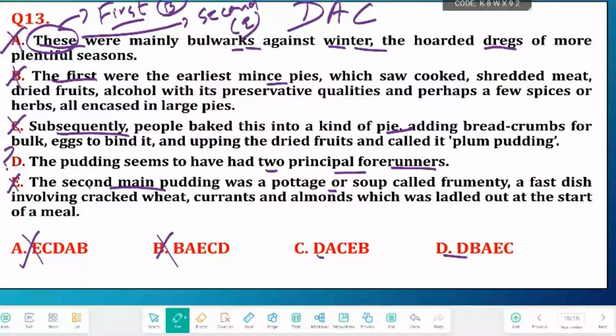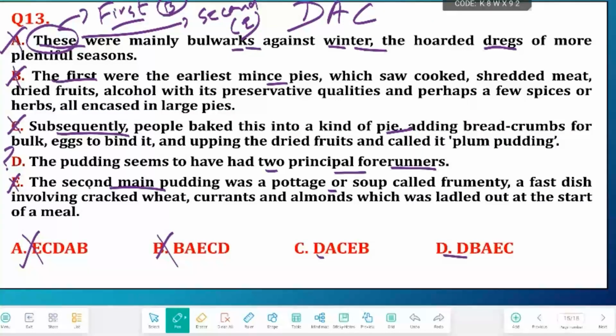The second main pudding. No. Wait. ये सब A नहीं आएगा. Sorry. We just need to clear this all. Okay. So D के बाद A नहीं आएगा. We need to erase this. D तो पहला आएगा. D के बाद B आएगा. Sorry. The pudding seems to have had two principal forerunners. दो principal forerunners थे. कौन से दो forerunners थे?